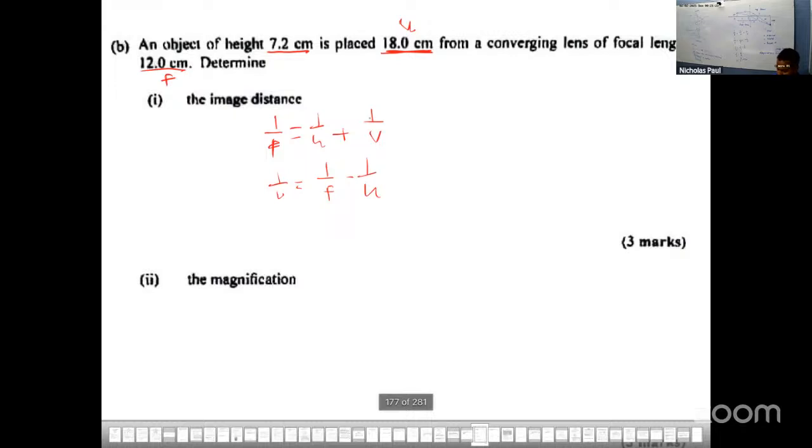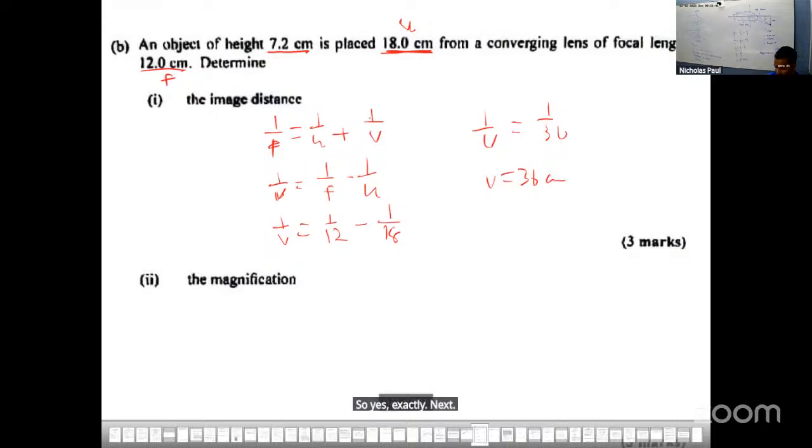Right, so 1 over V is equal to 1 over F, 1 on 12, minus 1 on 18. 1 on 36. So V is 36 centimeters.